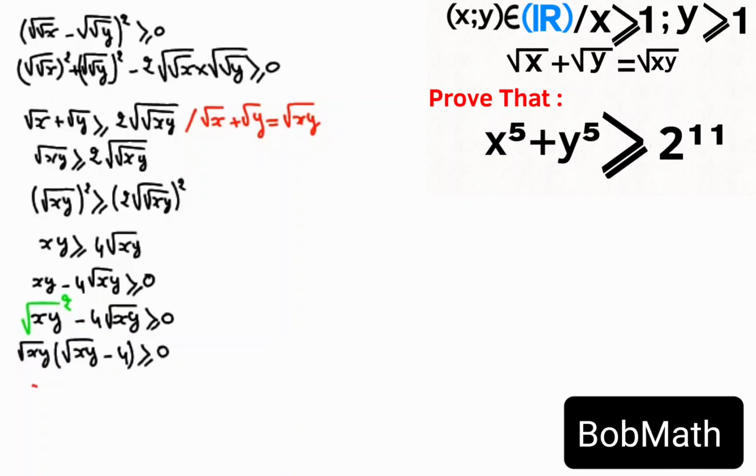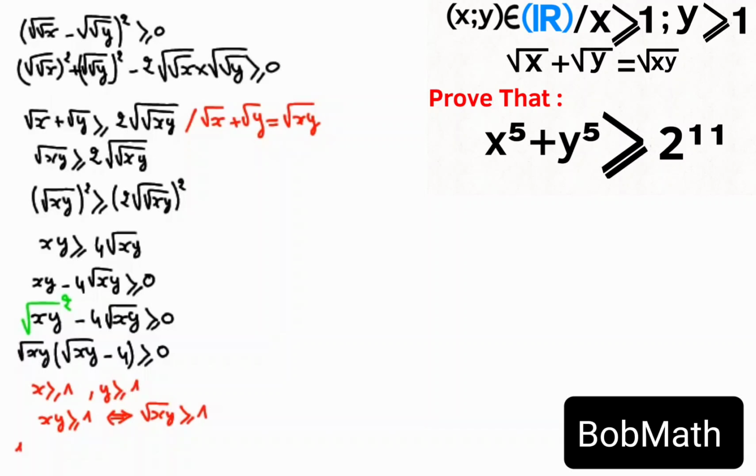And we have x greater than or equal to 1 and y greater than or equal to 1. So xy is greater than or equal to 1, and therefore square root of xy is greater than or equal to 1. Now we multiply this inequality by the number 1 divided by square root of xy.